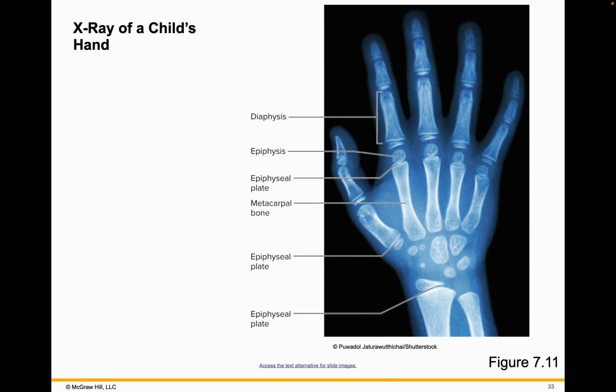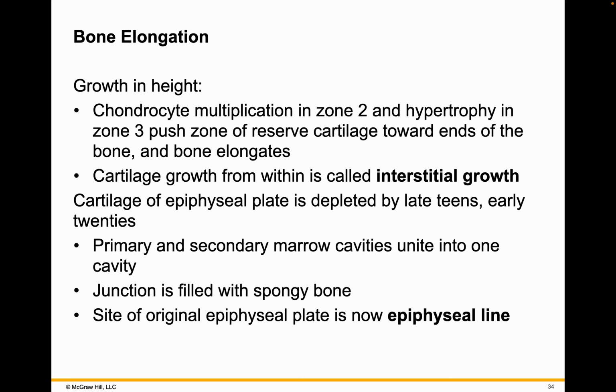You can see the X-ray of a child's hand. As we get taller, chondrocyte multiplication in zone 2 and hypertrophy in zone 3 push zones of reserve cartilage towards the end of the bone, and as such the bone elongates.